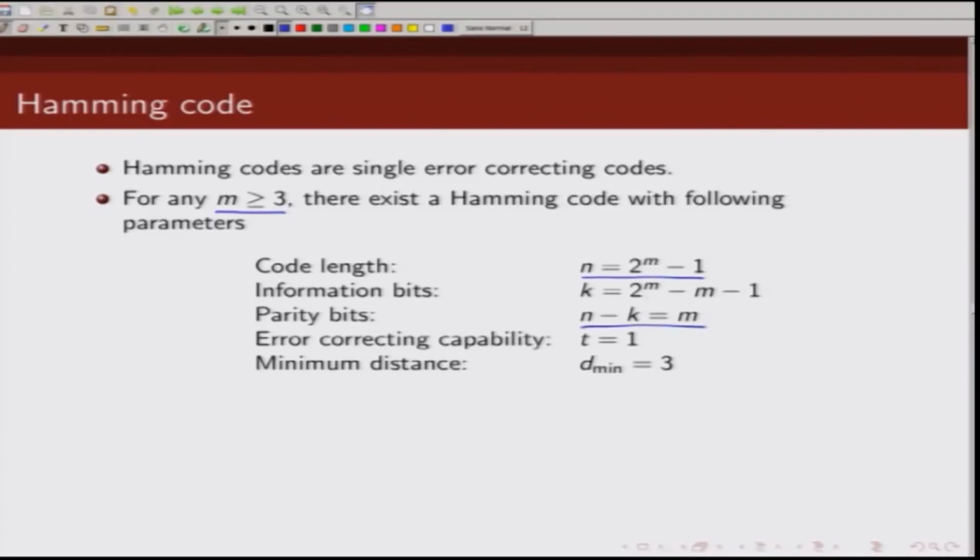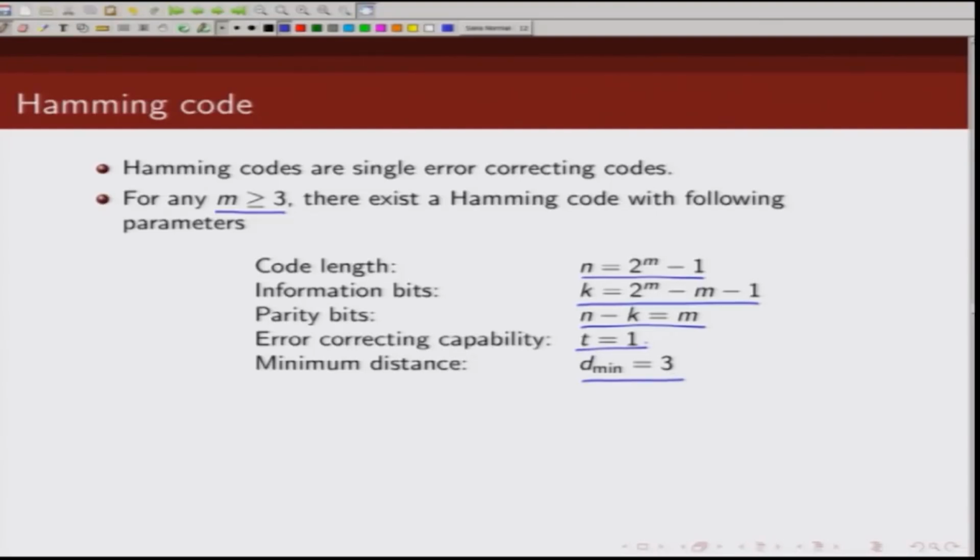So, number of information bits is n minus k, n minus m, so this is 2 to the power m minus 1 minus m. These are my number of information bits. It has minimum distance of 3. So, it can correct single error and it can detect 2 errors.